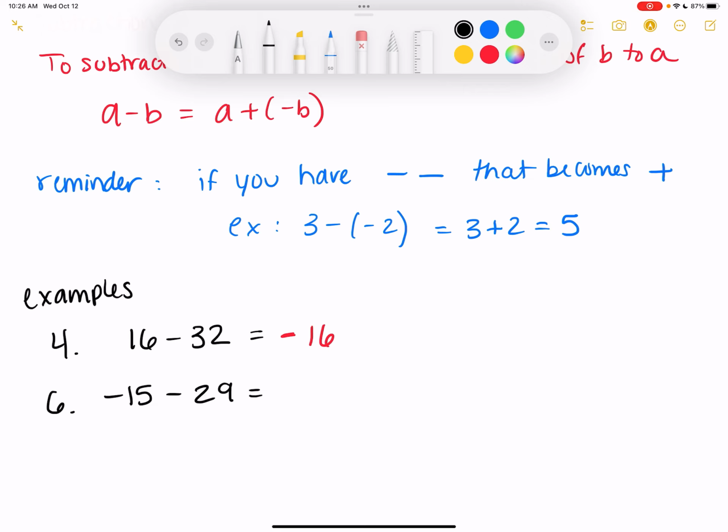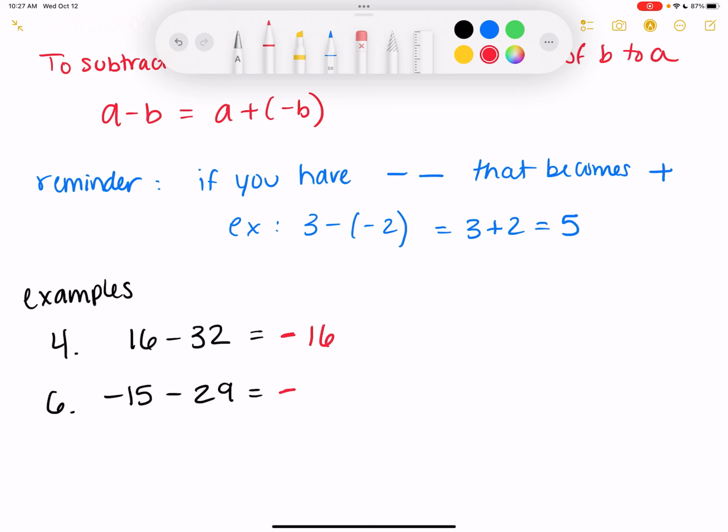I'm subtracting, so I have negative 15 minus 29. So the only way it's going to become positive is if they're side by side like this, like a negative and a negative. So this one, the answer is going to stay negative because they're both negative. They have the same sign, so we keep the sign. So it's going to be negative, and then we just add the two numbers together.